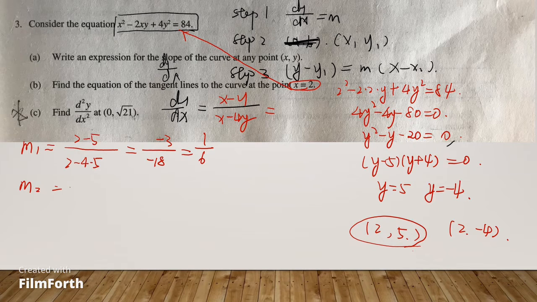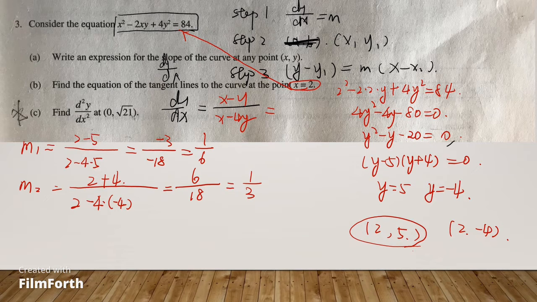Slope 2 is 2 minus negative 4 is positive 6, over 2 minus 4 times negative 4. So numerator 6, denominator is 18. So the second tangent line, the slope is 1/3.